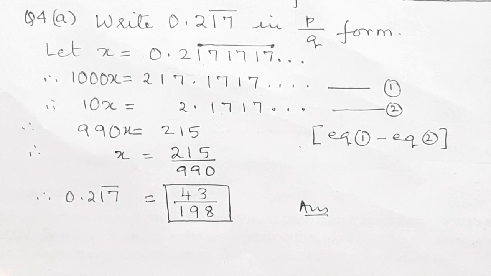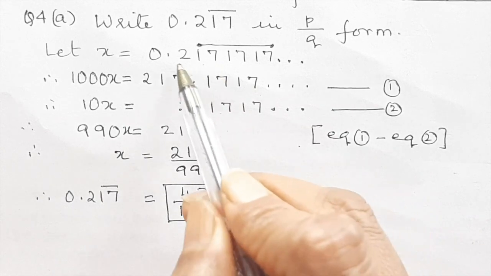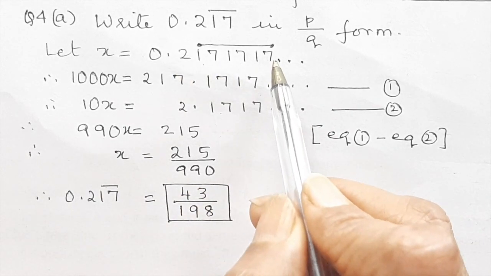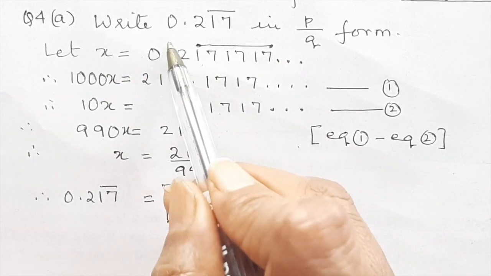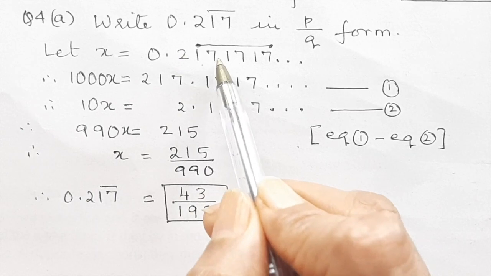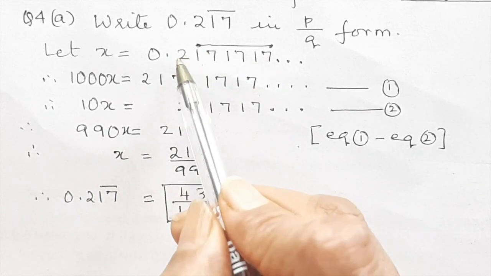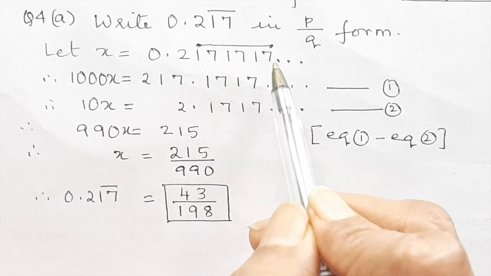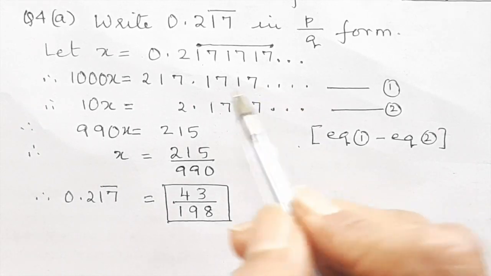Now when we have to convert it into a rational number, we have to make sure that in our decimal there is only recurring decimal. If I multiply this number by 10, I will get 2.171717, and if I multiply by 1000, then it will be 217.171717. So somehow I have to make sure that my decimal part is the same.